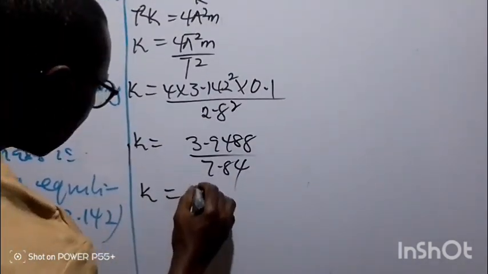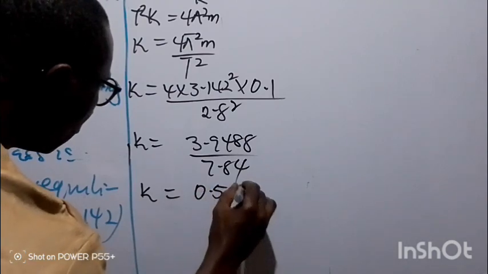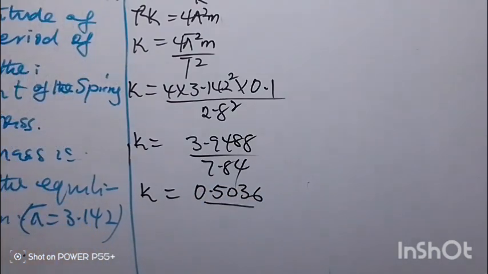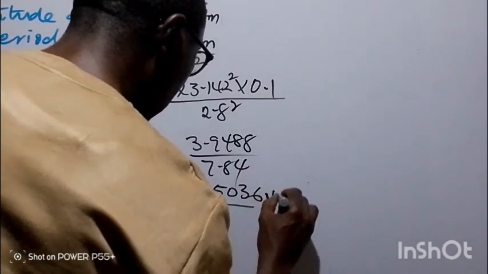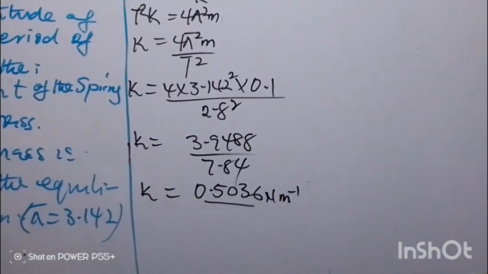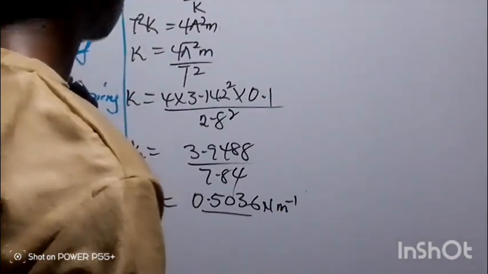Now the answer is 0.5036. And what's the unit? Newton per meter. That is the value of the force constant.